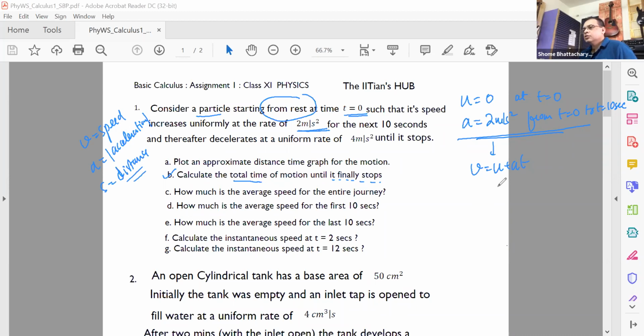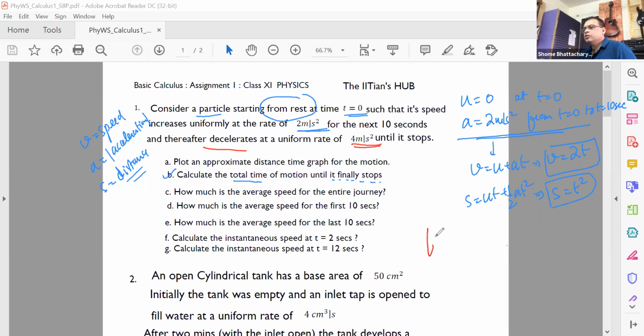Okay. So v is equal to u plus at, so that will give us velocity as a function of time as 2t, and s is equal to ut plus half at square. In this part, I don't need the second equation actually, but this will become t square as a function of time. Then after that, what is happening in the second part? After 10 seconds, it's decelerating uniformly at 4 meters per second square.